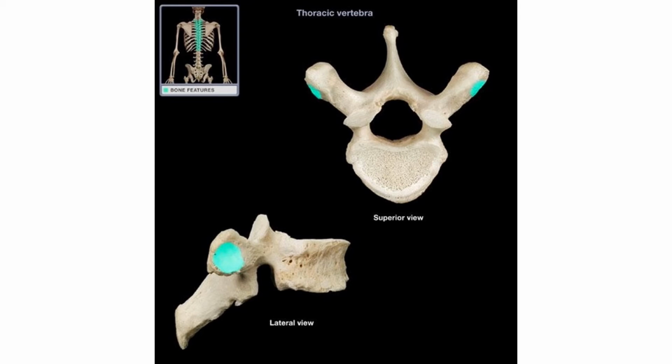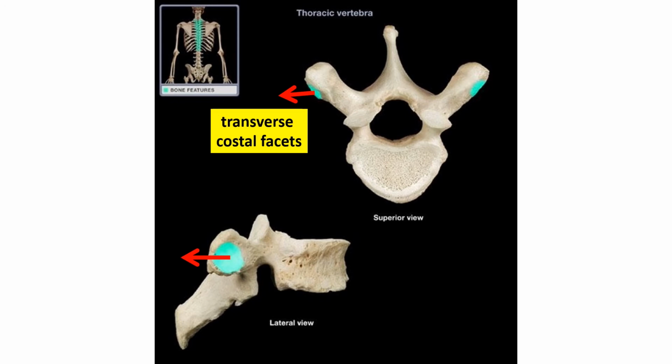In a thoracic vertebra, we can see that the transverse process has a facet. This is a smooth area for articulation with the tubercle, the part of the rib.